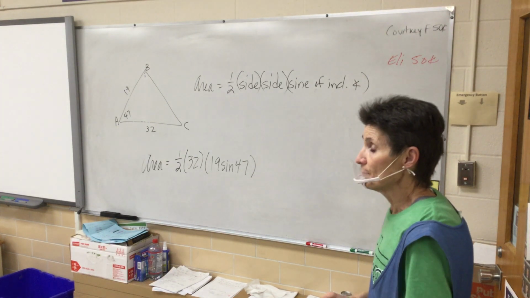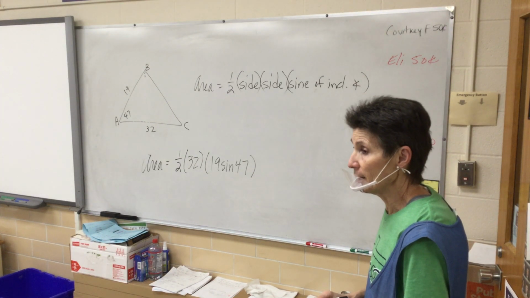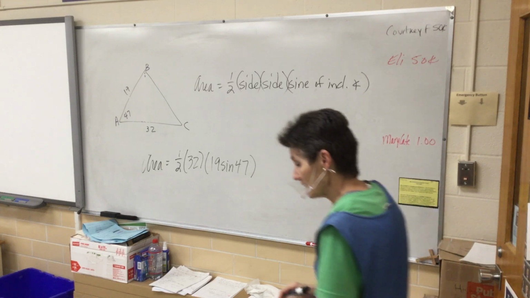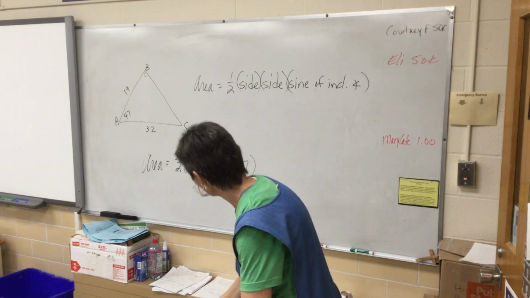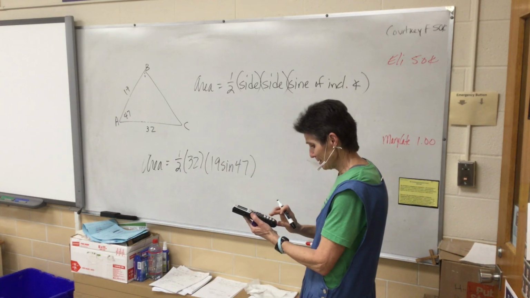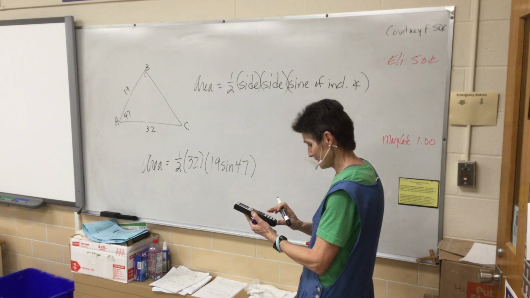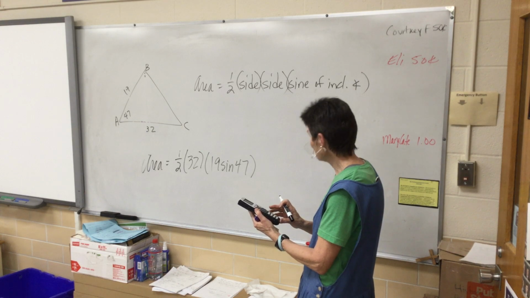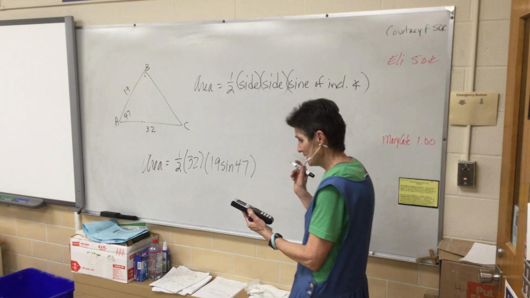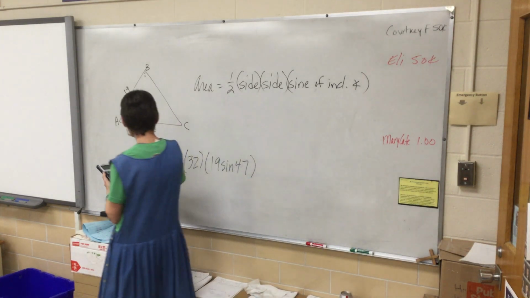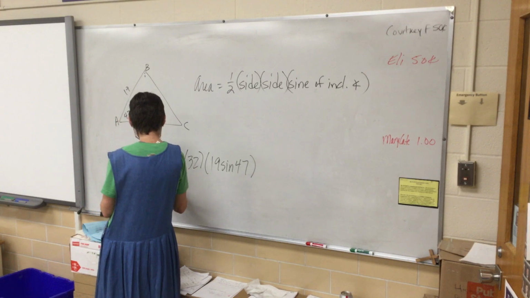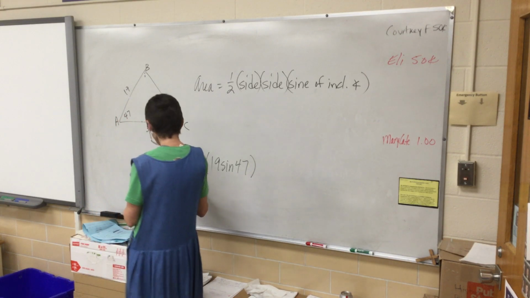That is your area formula. So it is super simple. You just type in 1/2 times 32 times 19 times sine 47, and your area is 222.33 square feet.